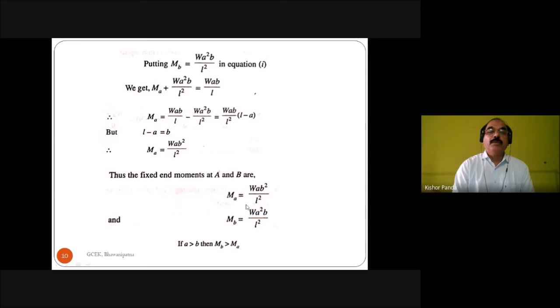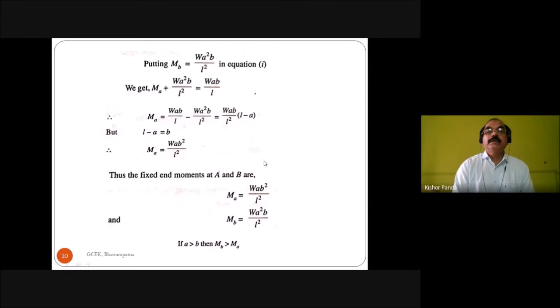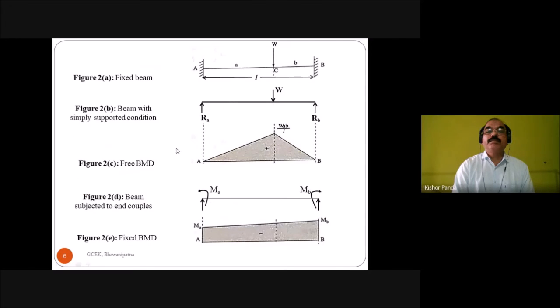After knowing the moment, you have to draw the combined bending moment diagram. This is the free bending moment diagram, and using the moment area theorem, you find the moments at end A and end B, MA and MB. Then you have to combine these two figures, the free bending moment diagram and the fixed bending moment diagram.